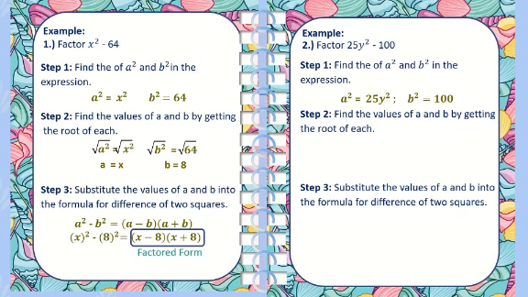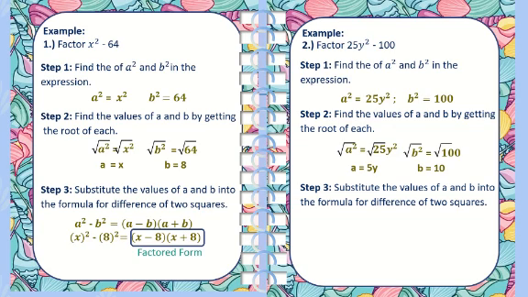Then second, find the values of a and b by getting the root of each. The square root of 25y squared and the square root of 100. We got, for the first term, 5y. For the second term, we have 10.